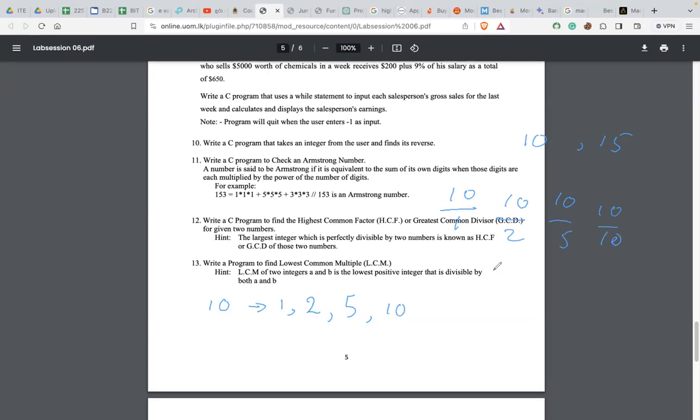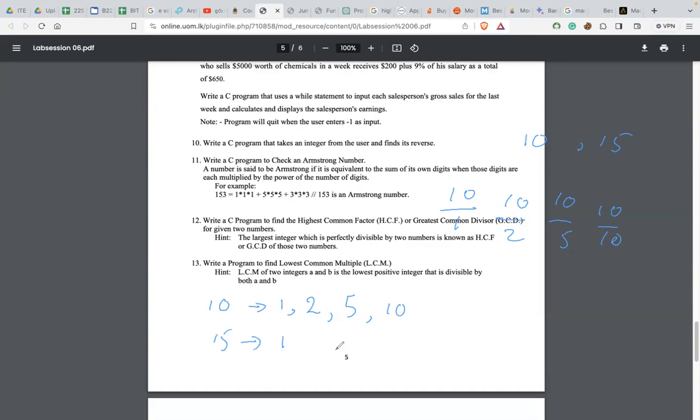Okay. So that is the maximum factor. Maximum factor is the number itself. Okay. Then go to the next value, 15. In the 15 also, the 15 can be divided by 1. 15 cannot be divided by 2.